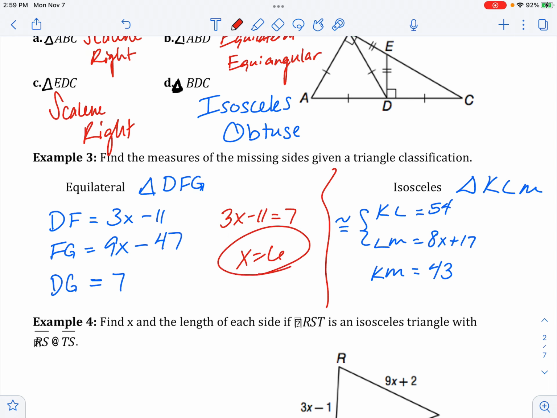And then here you have to use 8x plus 17 equals 54. So you'd end up with 8x equals 37, or x would be equal to 4 and 5/8, which is the same as 4.625.